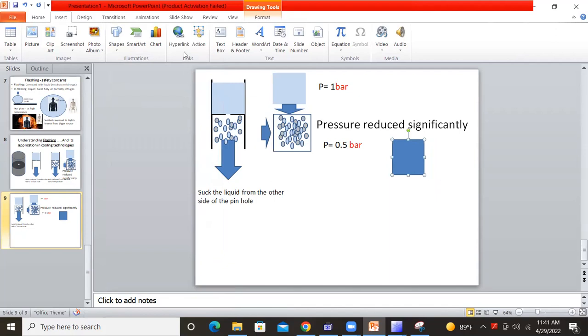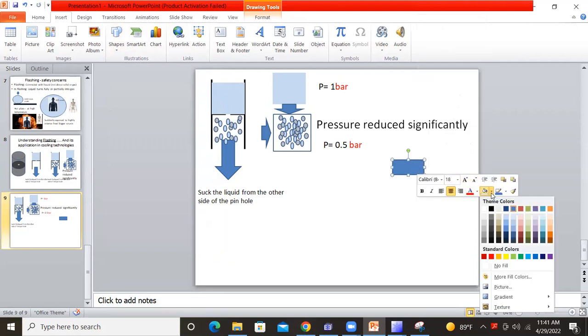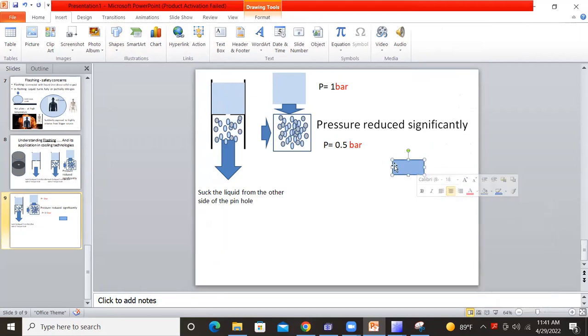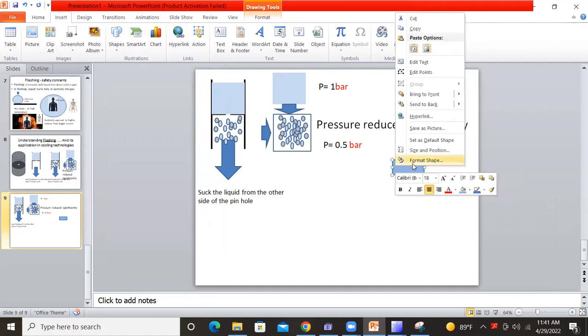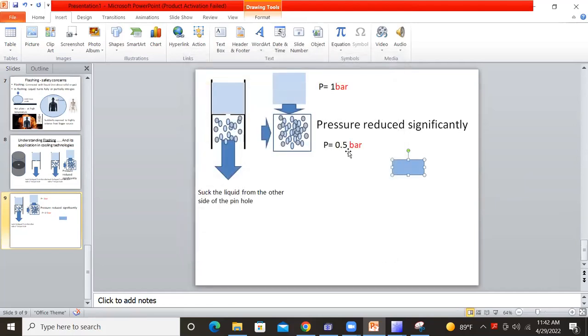You have here a liquid portion and another vapor portion.